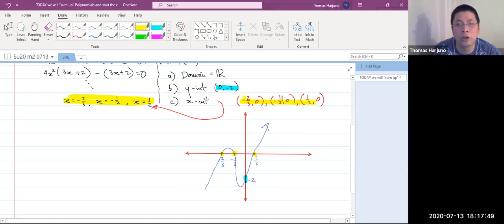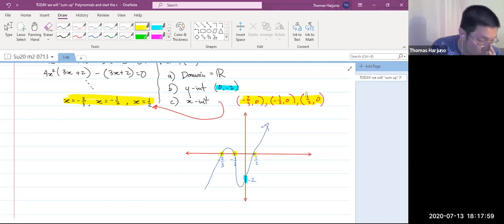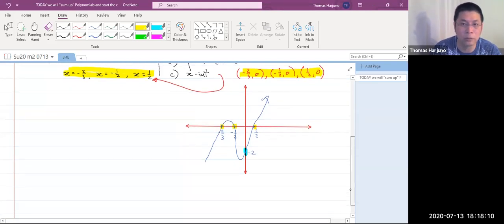But this question is not interesting because it's something we have been able to do since even before we started chapter 3. Once the polynomial gets to higher degree, let's say degree 4 or degree 5, then basically it's not factorable.